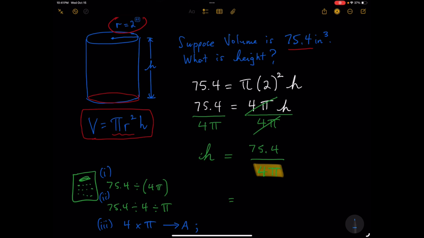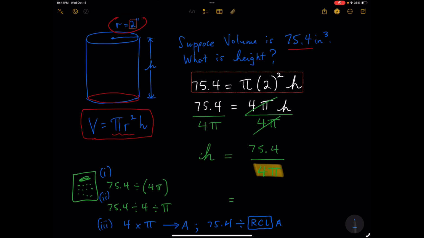And then once you've finished that, you could type 75.4, and then divide by the value of A. The way that you get that is to push the recall button on your calculator and A once again, and that's another way to do it. If you're using your iPhone or a phone of any kind, you can always hold on your screen to do a copy and then a paste.